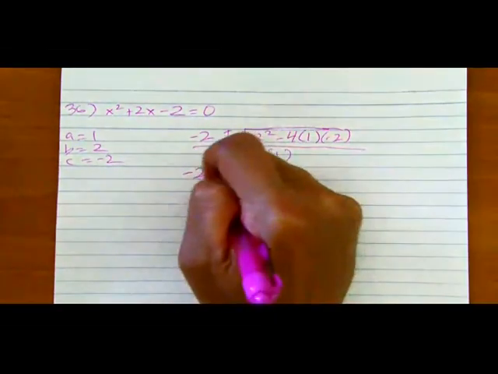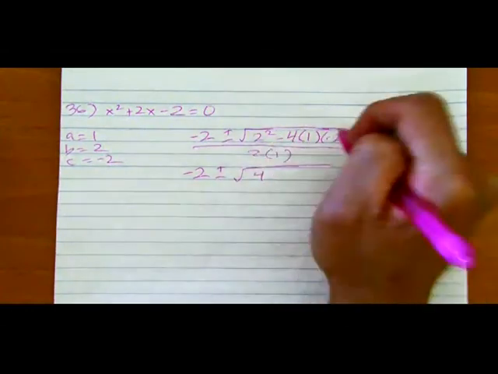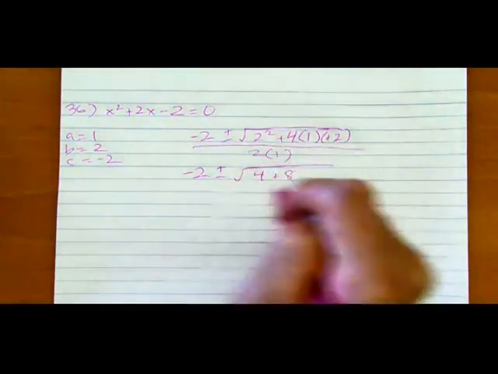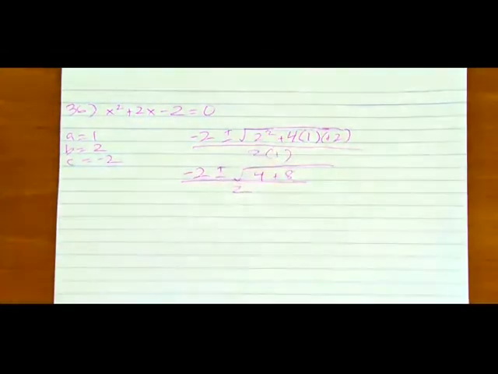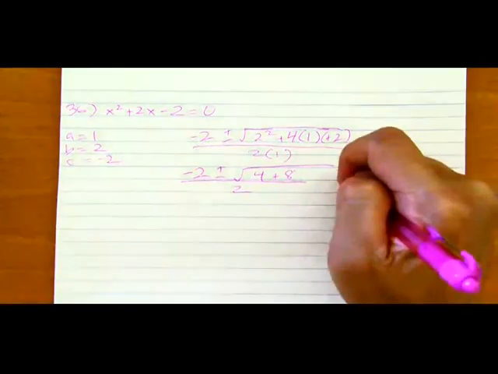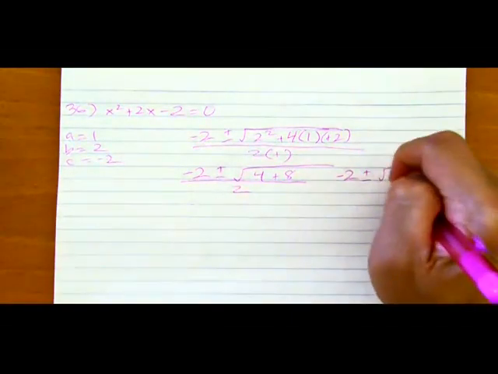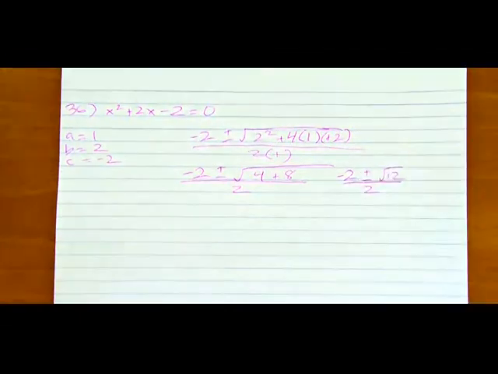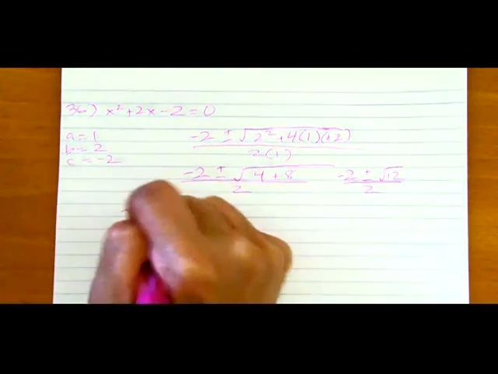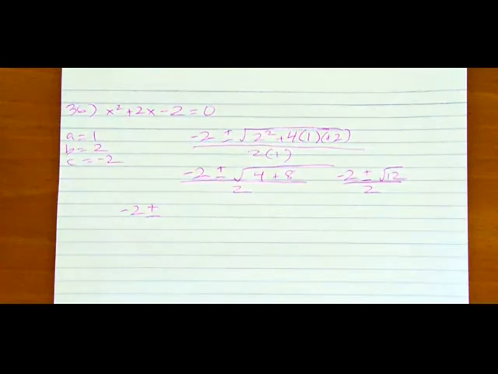Negative 2 plus or minus 4 plus 8 over 2. Negative 2 plus or minus radical 12 over 2. Now, I would normally tell you to simplify the radical, but we're going for the decimal anyway, so no sense. We need the square root of 12.